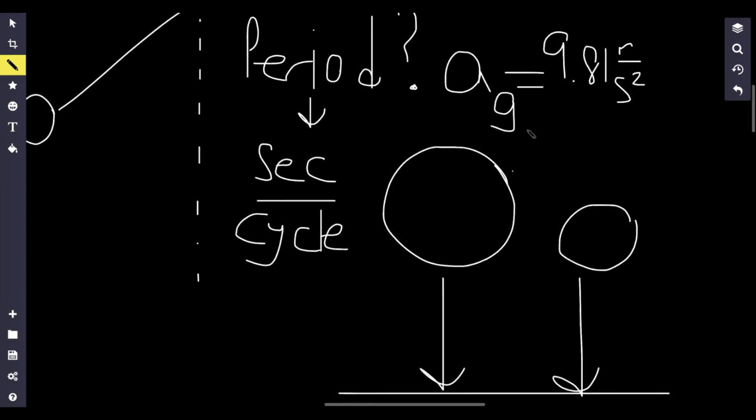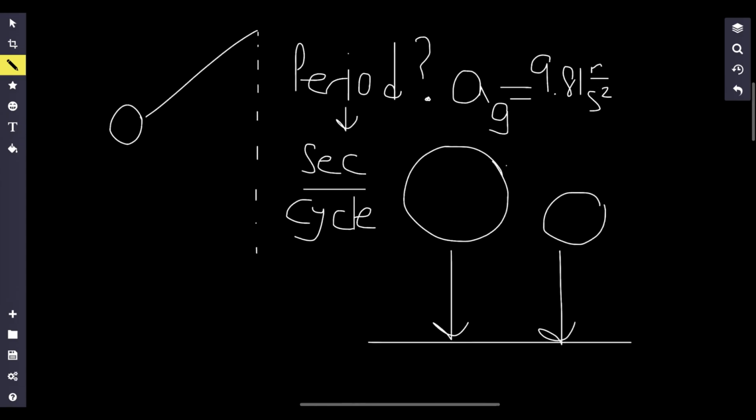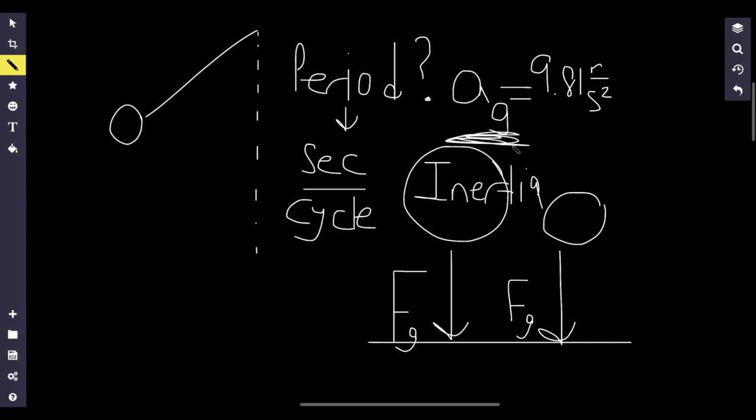And we actually talked about this in one of my previous videos. But maybe I'll reiterate: even though the force of gravity on this big bowling ball is obviously greater than the force of gravity on this smaller bowling ball, the bigger bowling ball has more inertia, and that actually balances out with the force of gravity, which is why the acceleration due to gravity is a constant, okay?